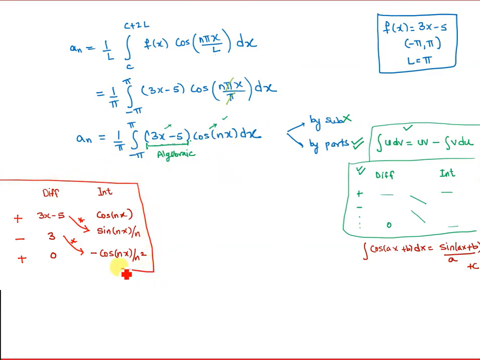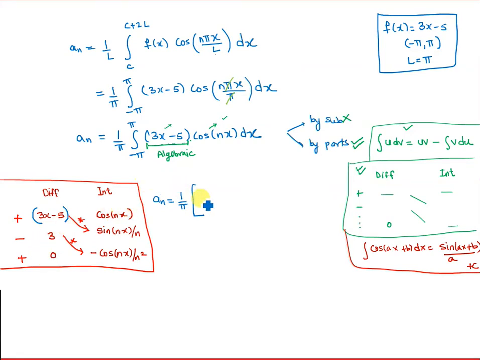So let's write it down. What will this give you? An is equal to 1 over pi, from the question. Now this integral is the product of these terms. This sign is plus, this sign is also plus. So 3x minus 5 multiplied by this. And as you can see there are 2 terms, it's always better to put it inside the bracket.